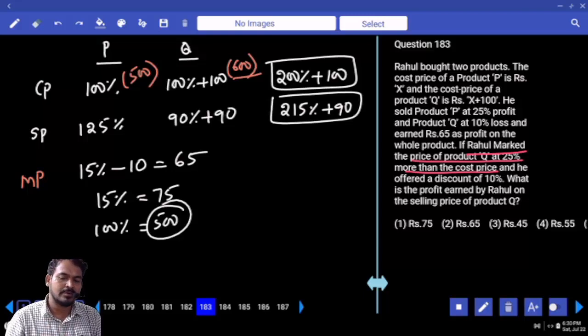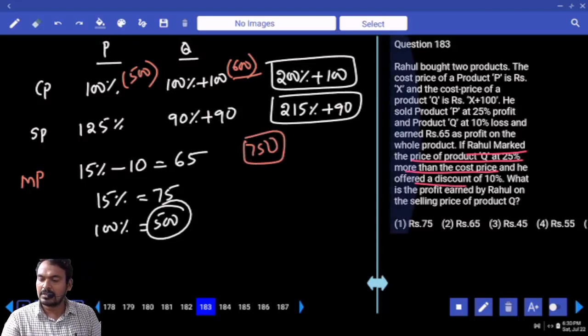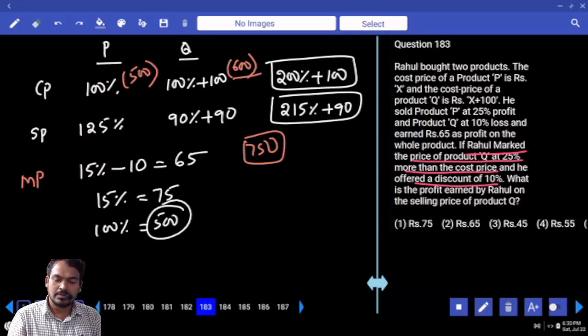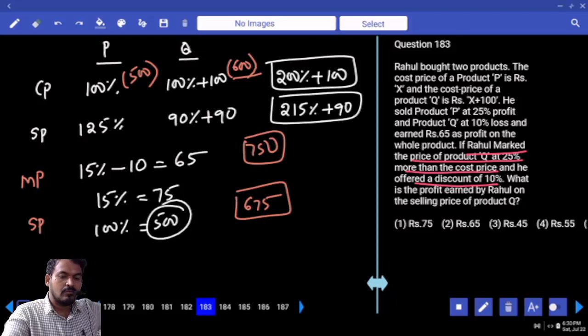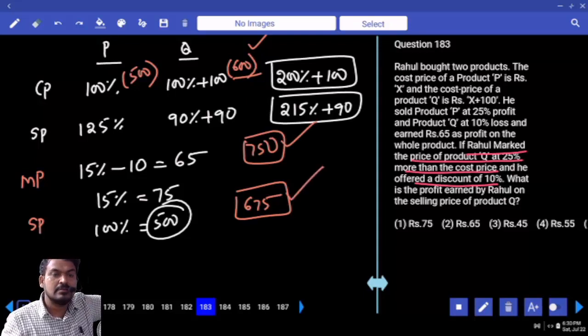What is the 25% of 600? 150. 600 plus 150? 750. That is market price. Again it is sold at a discount of how much? 10%. What is the 10% of 750? 75. Means selling price is 675. What is the Q cost price? 600. Market price 750. Selling price 675.